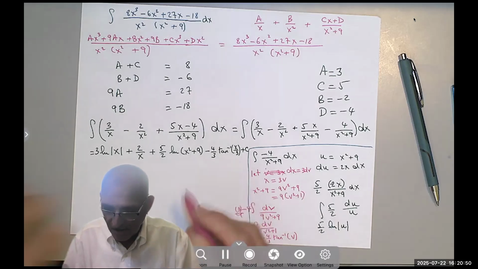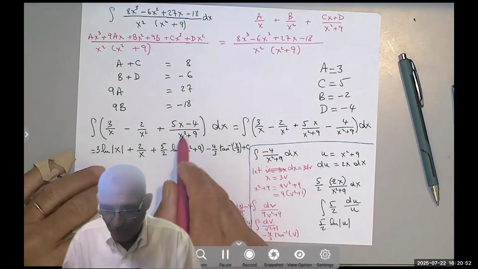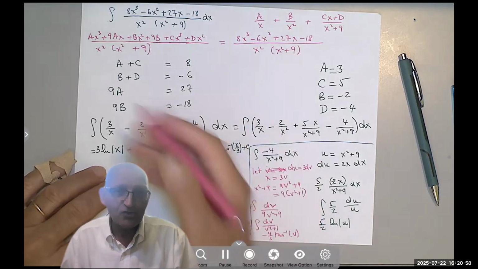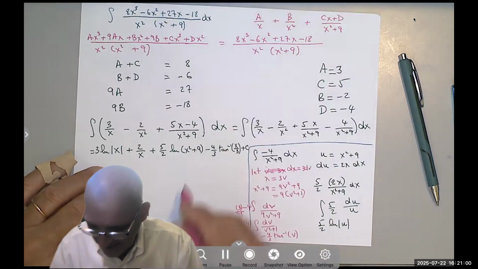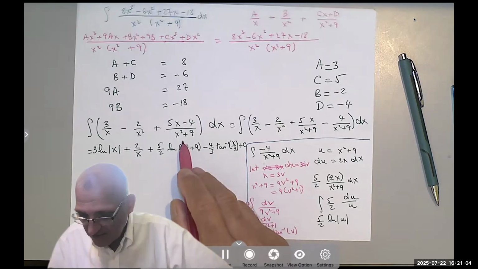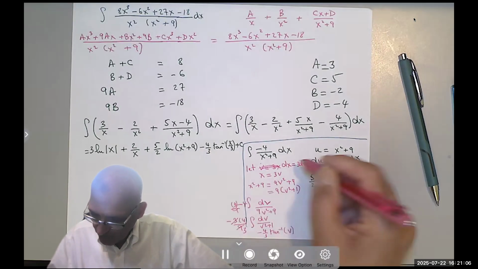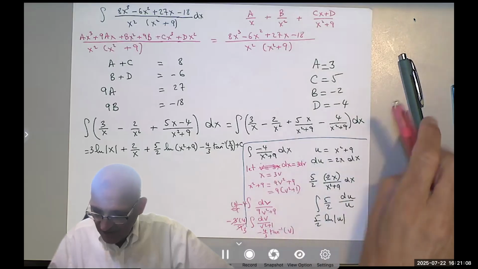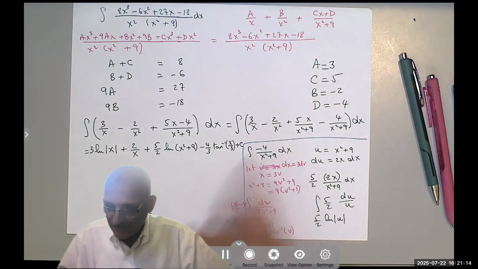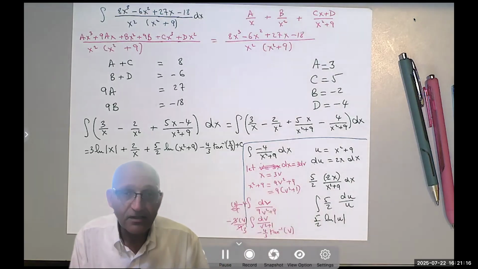It's a natural log. Instead of 5, I wanted 2 because the derivative of the denominator is 2x. And this is 5. So I can say 5 over 2 times 2. And now I can take 5/2 the natural log of the denominator. Here, I had to work something to make that an inverse tan, arctan. Okay, it's negative 4/3 arctan of x over 3.